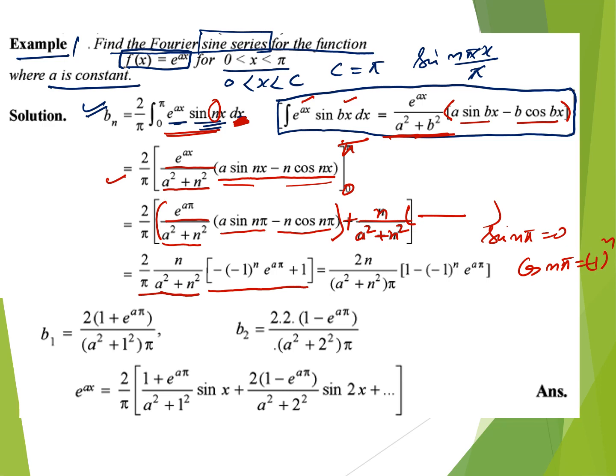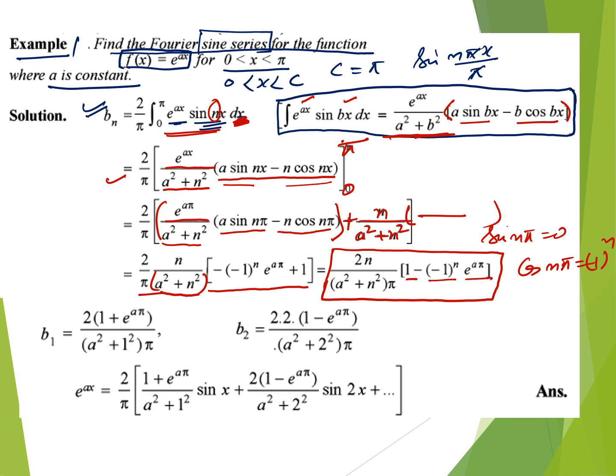So finally the value of bn is 2n upon a square plus n square into pi, and multiply by 1 minus minus 1 to the power n e to the power a pi.